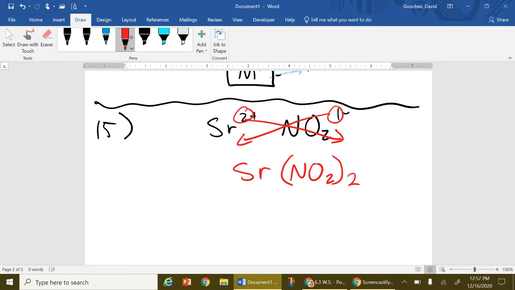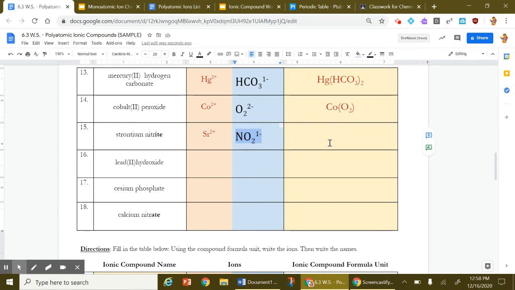So it is Sr, parentheses, NO2, 2. All right, and then I got to go through and make these little 2's into subscripts, right? You got to do them subscripts, okay?